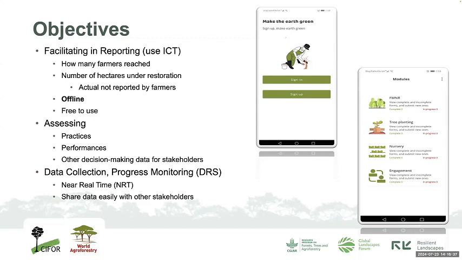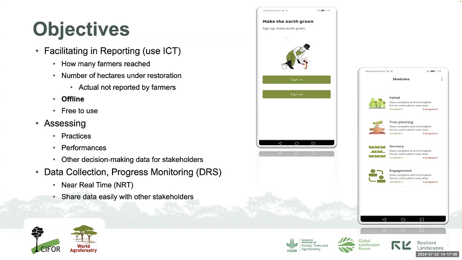When we say performance of the project, each project has some key performance indicators. But the most common performance indicators are how many farmers a project has reached or is helping in restoration of the land, and the number of hectares which are under restoration. These are the most important objectives of this app.